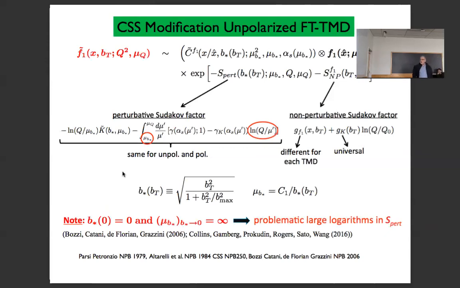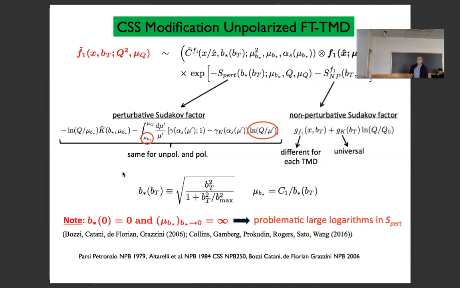You can understand this by simply looking at the Sudakov exponent here, and you'll see that it has this property where mu b goes like 1 over b star. This just simply becomes 1 over b. And you can put in the next to leading order expressions for gamma k and gamma PDF, and you'll see that this thing would generate a very large log. And in fact, the W term will vanish as a 0 if you explore this.